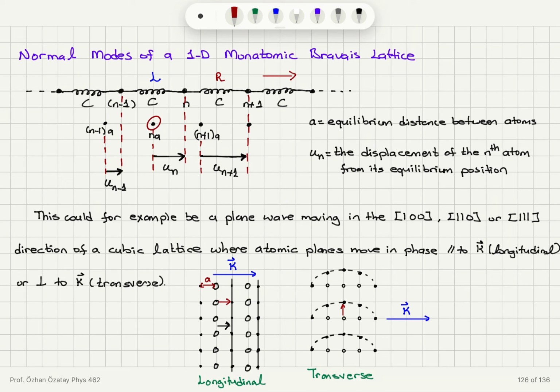Therefore, you can see that the position vectors for the equilibrium positions will be parallel to the k wave vector. So this is basically one position vector here, Rn minus 1, for example, for the n minus 1 atom. If I take this as a reference point here, that would be the origin, for example.